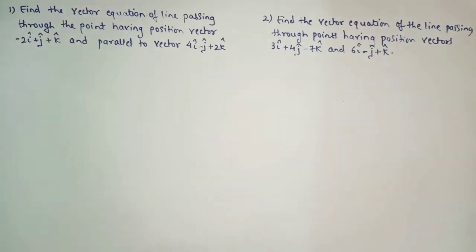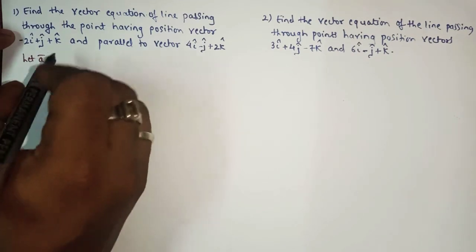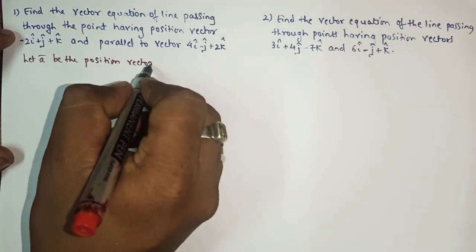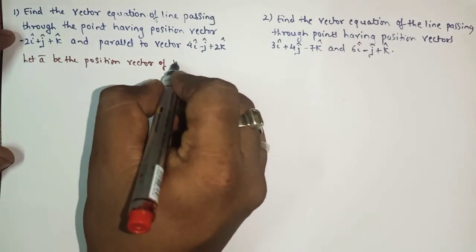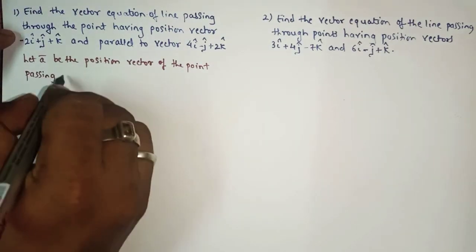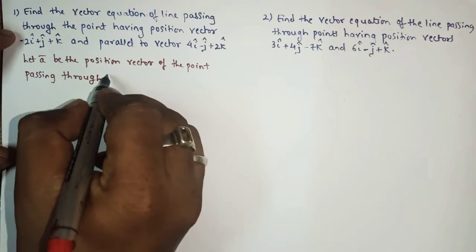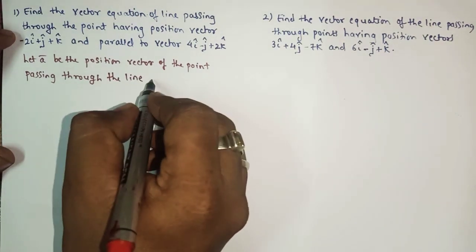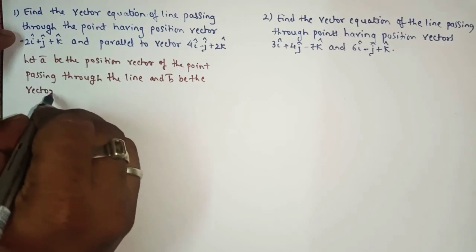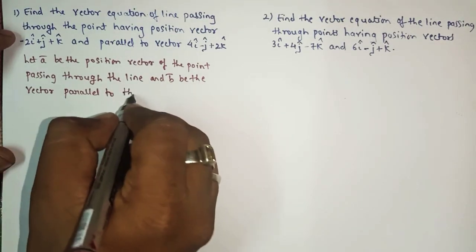So first you will write, let a bar be the position vector of the point passing through the line, and b bar be the vector parallel to the line.